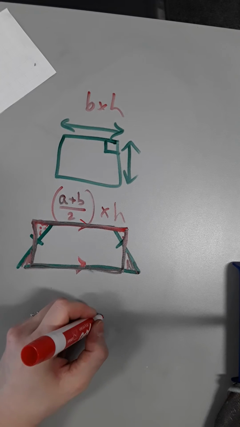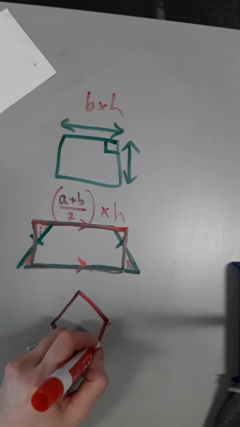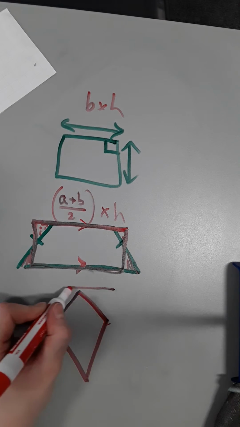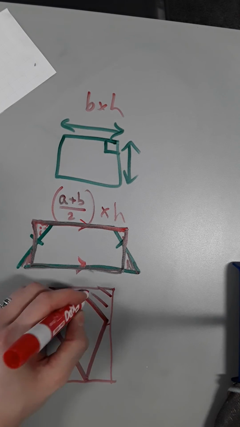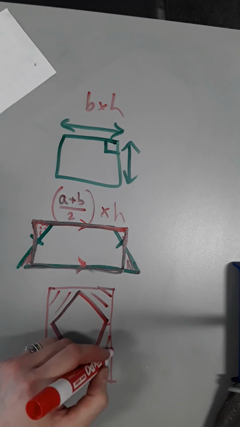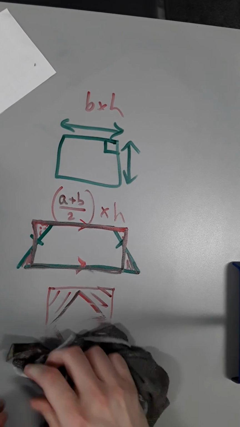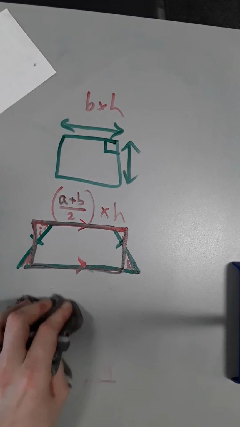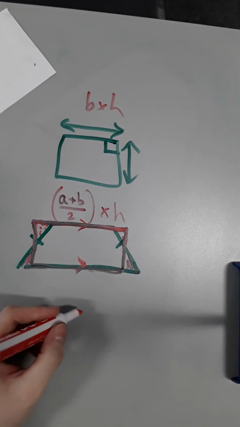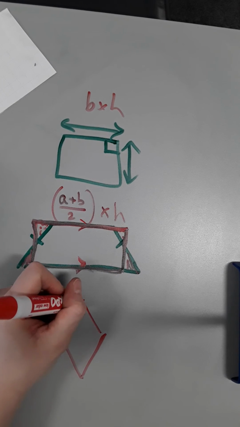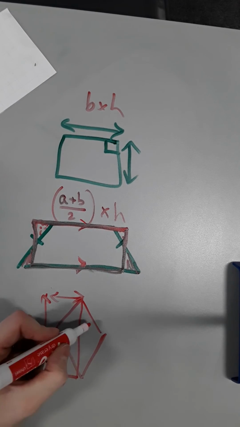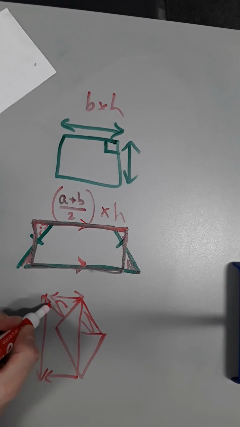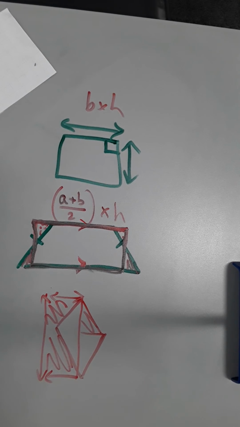The next one is a kite. You can either times your full width by your height and then divide by 2 to get rid of the extra kite that you create, or you can divide your width by 2, so we only want this length, and times by your height, and what that does essentially is it puts these two pieces here and here.